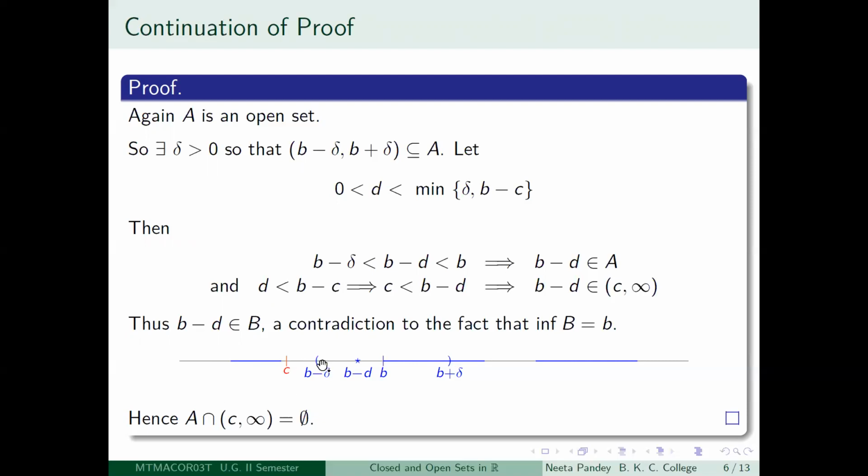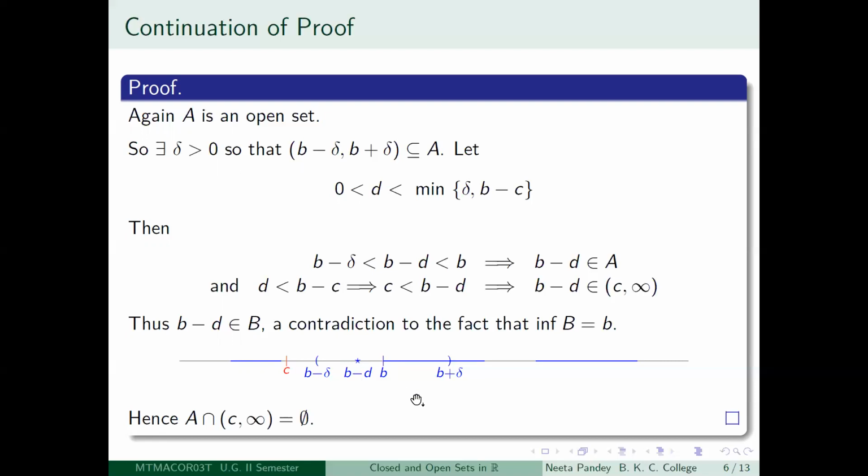But whatever we are trying to say is that this segment b minus delta to b plus delta should actually belong to capital A, and that will lead to a contradiction, as you can see from the picture itself, because anything less than b and greater than C cannot belong to capital A.